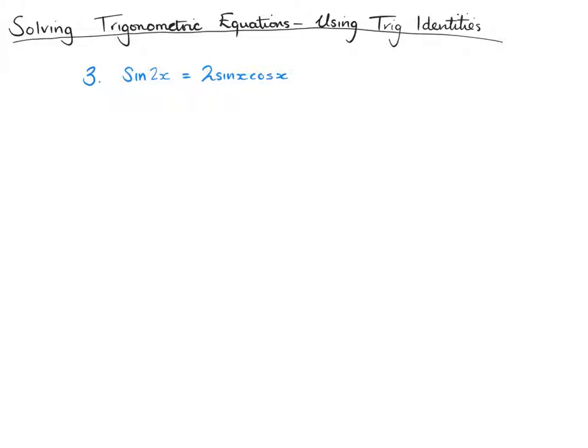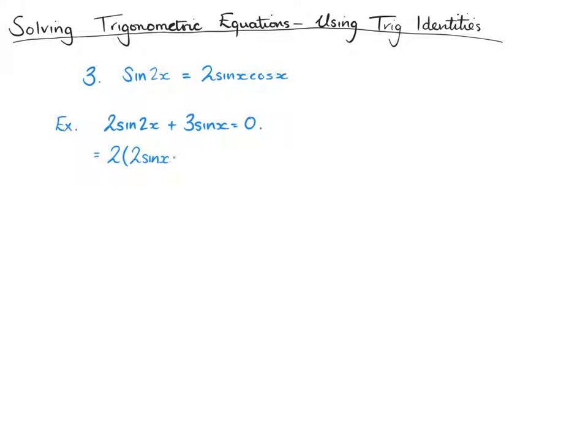Right, so example, we are going to do 2 sine 2x plus 3 sine x equals 0. So we're going to substitute in the fact that sine 2x is 2 sine x cos x. For this one, there's no other thing that we can substitute in. There's no choice to make. This is our only option.